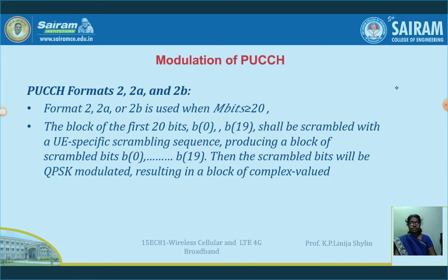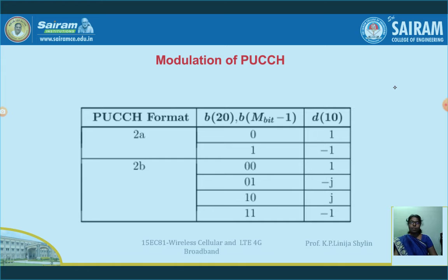Then this scrambled bit gets modulated by the quadrature phase shift keying scheme, and the result of this modulation is a block of complex valued symbols, d(10) for example. For formats 2A and 2B, the block bits b(20) up to b(M bit minus 1) are shown here.